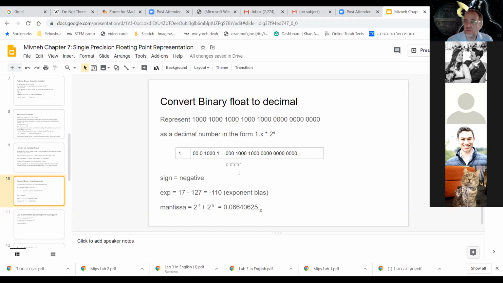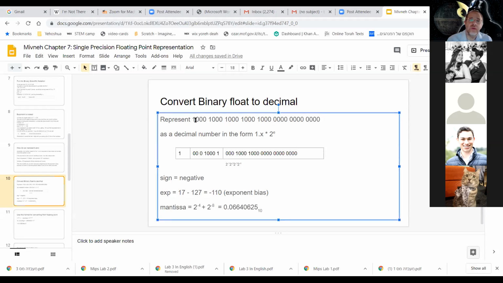All right, guys, I only have a couple minutes here. This is now the reverse process. Let's say I have this number in a register. In other words, assume a register has this value.